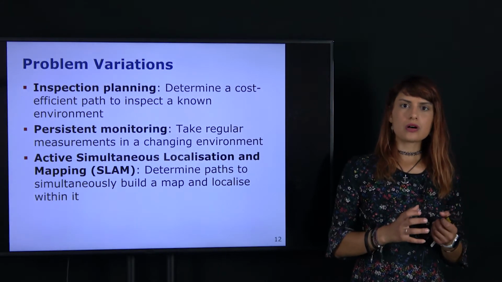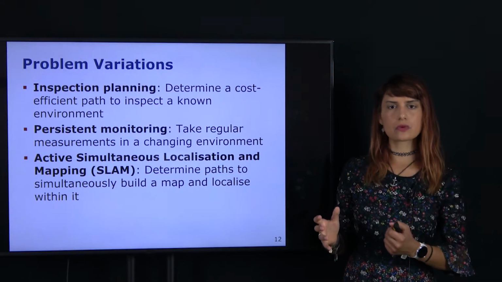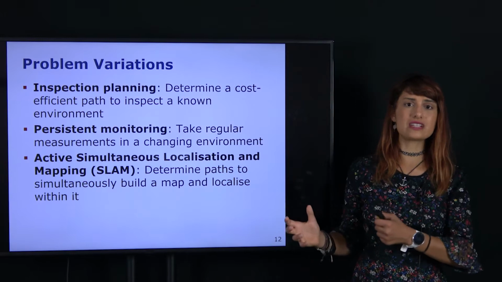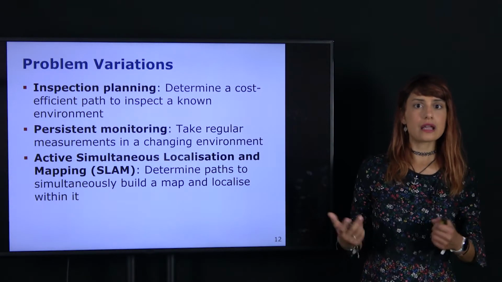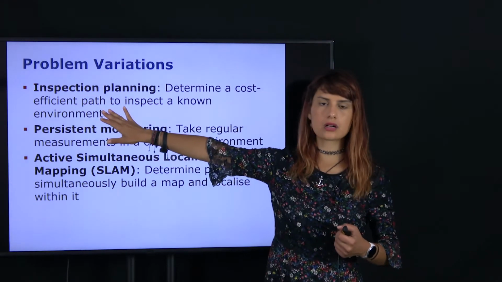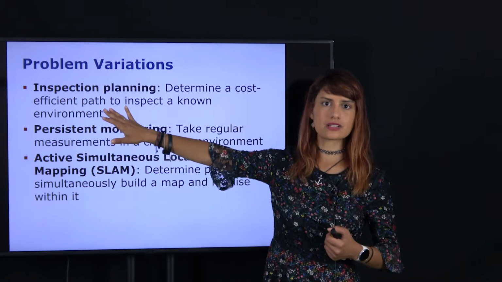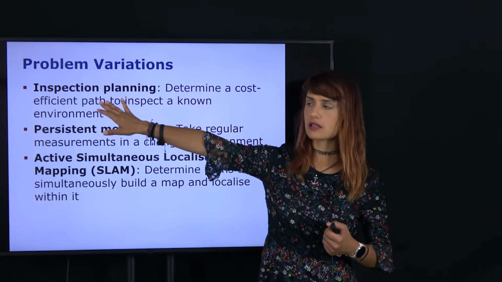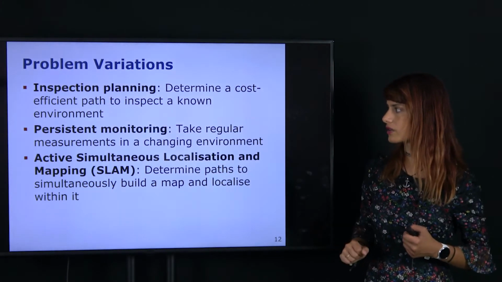So given the robot resource limitations, we want to plan a path to see as much of the structure or area or field as possible. And this is typically what the problem formulation is when we see approaches in this category.